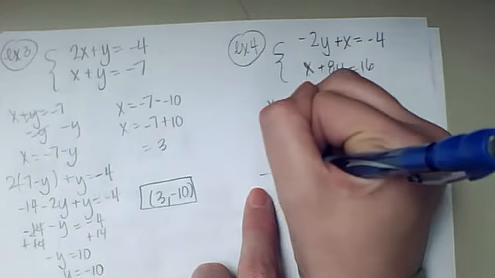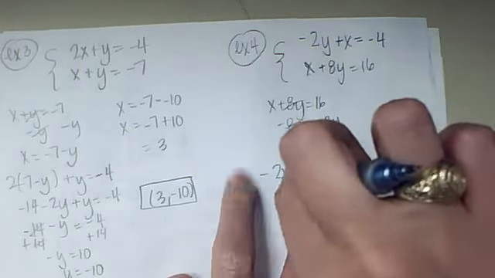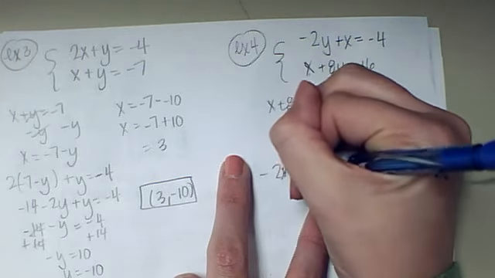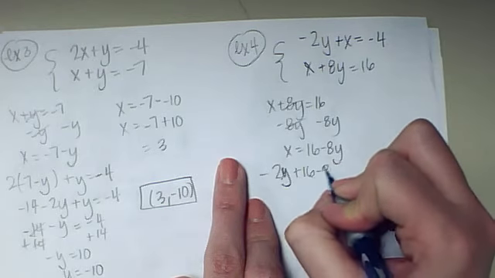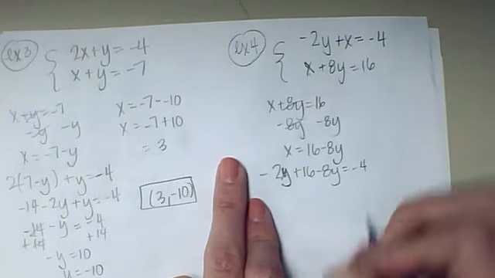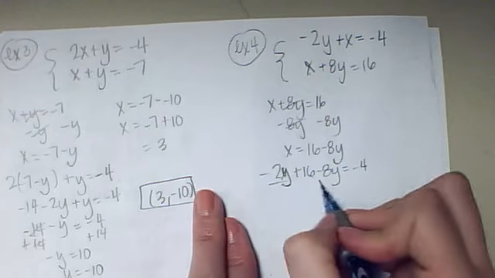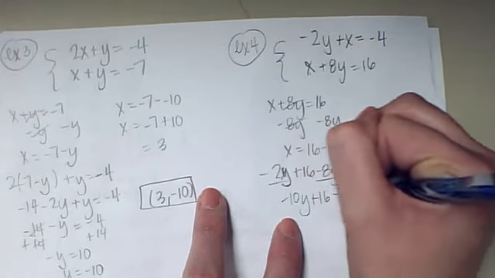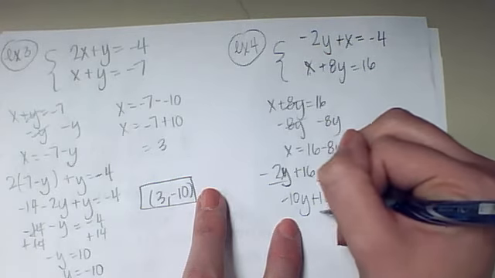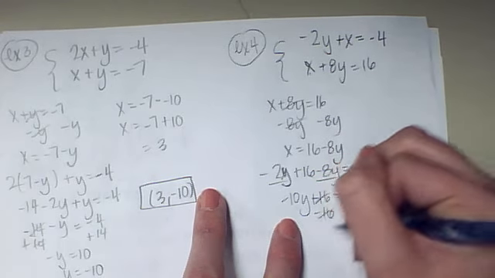So the first one, I have negative 2y. That's important. I wrote the wrong variable. Negative 2y plus, and in place of x, 16 minus 8y equals negative 4. Combine my like terms. Negative 2y and negative 8y makes negative 10y. Plus 16 equals negative 4. Subtract 16 from both sides.